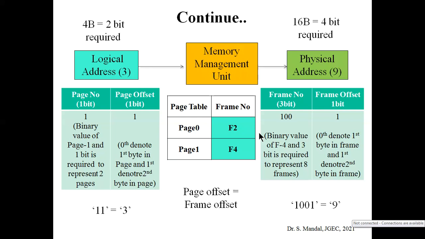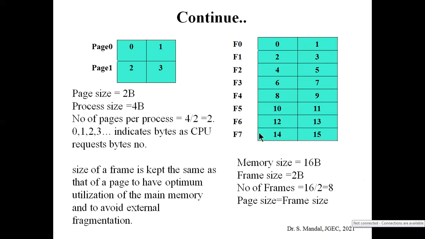But it also suffers from internal fragmentation. Why? Because consider this example. Here we are considering a process size of 4 bytes and a page size of 2 bytes, and the page size is the same as the frame size, 2 bytes. Suppose a process has size 1 byte, and that can also be allocated to the respective frame, but as the frame size is 2 bytes, obviously the remaining 1 byte is unused by the process, by the main memory or by the CPU.